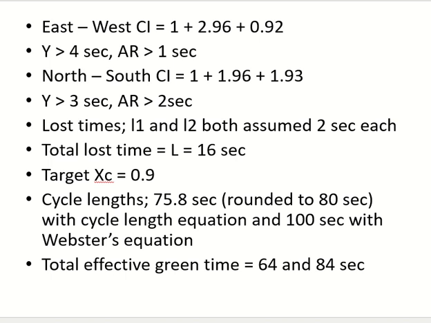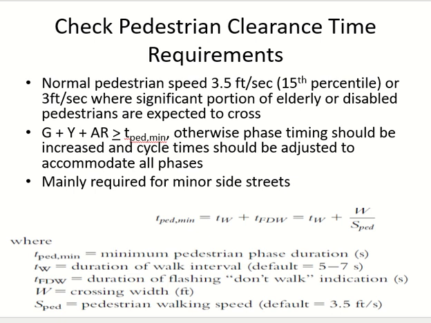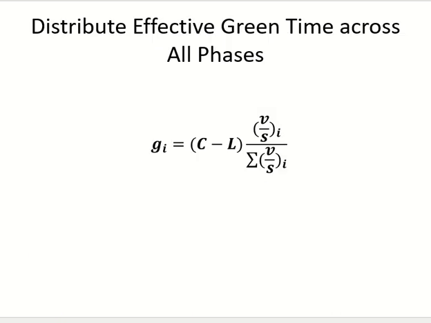Then we have two equations for cycle length. Using those two equations, we calculate the cycle length, then we round up the values. From the cycle length, subtract the lost time, and you will get the total effective green time. The total effective green time is divided among the phases.